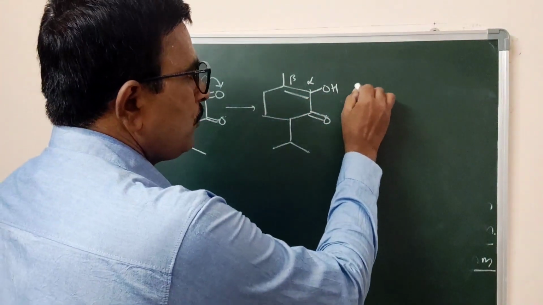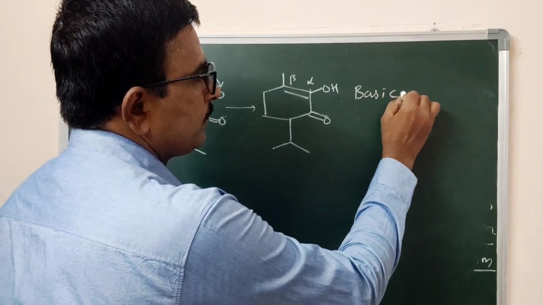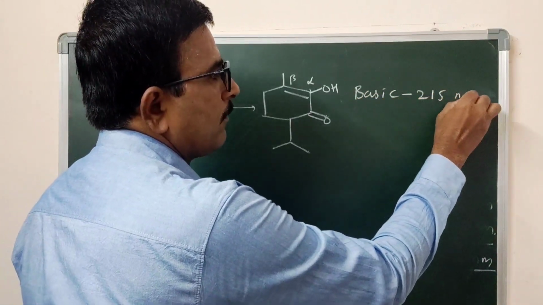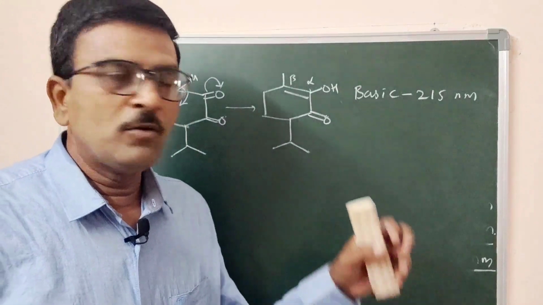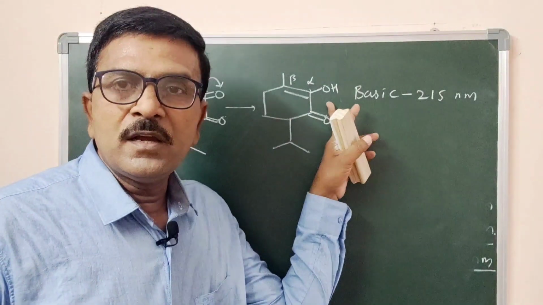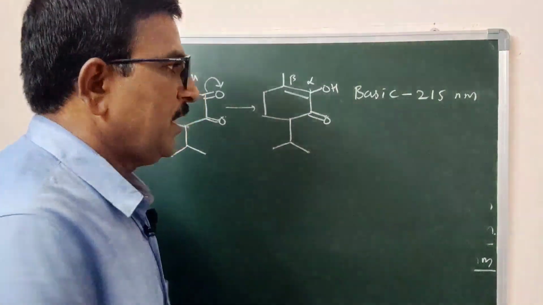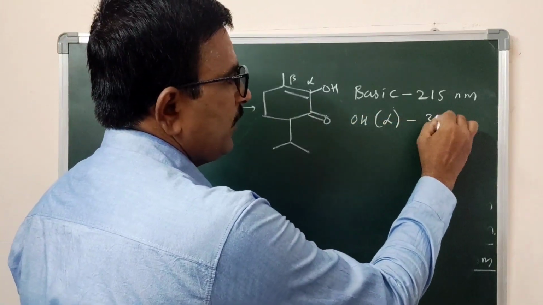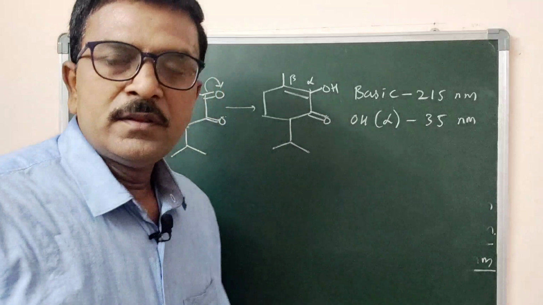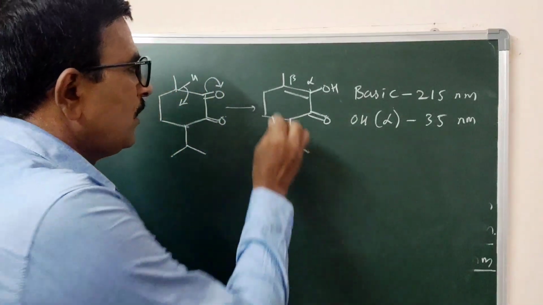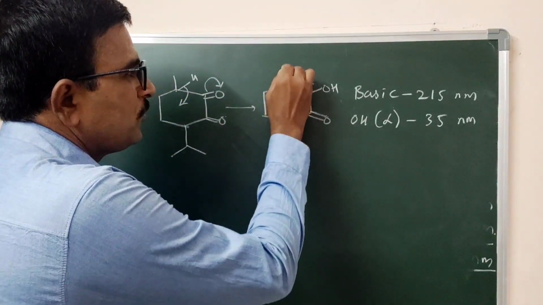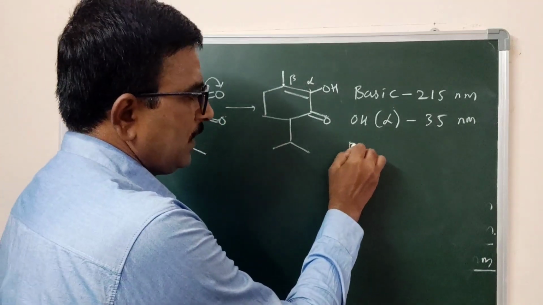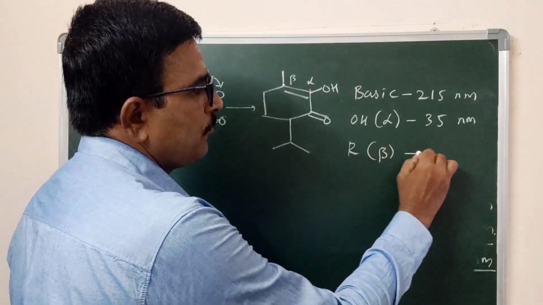Now basic value is 215 nanometer. OH group is attached to alpha, effect is 35 nanometer. One alkyl group is attached to beta. Alkyl at beta, it is 12 nanometer.